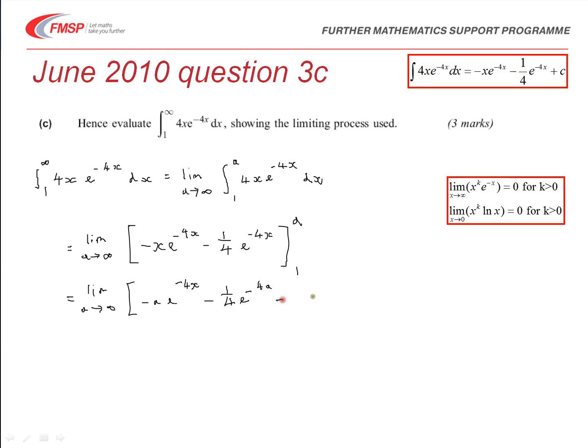So this we can say is minus, and again we get minus e to the minus 4, and then we get minus a quarter e to the minus 4.